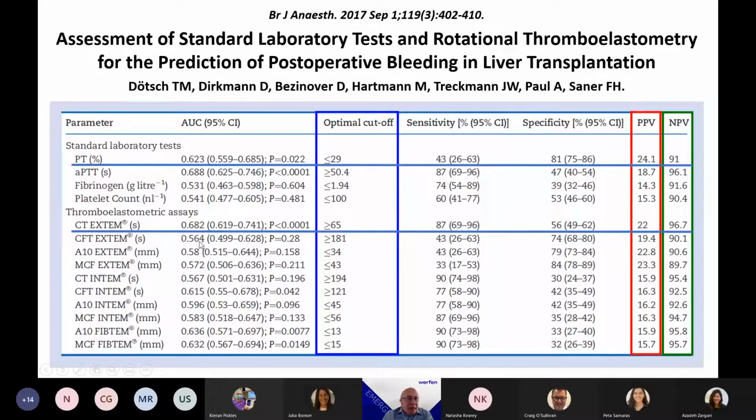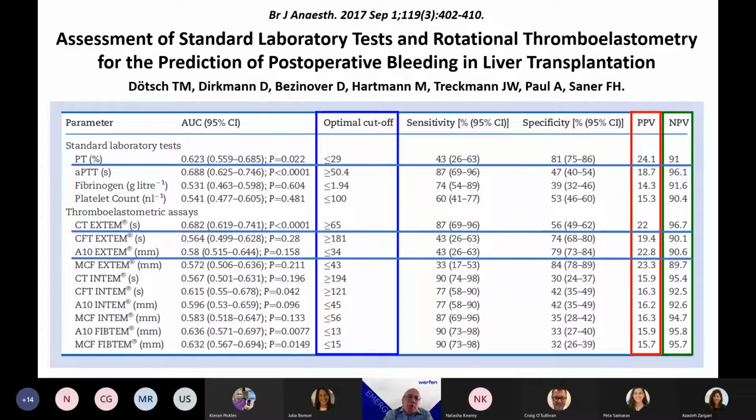So we see here that when we compare the PT-INR with the clotting time in EXTEM, the negative predictive value is much higher with the EXTEM CT, because the chance to do something wrong is here only 3.3%, and here 9%. So that's 3 times higher.